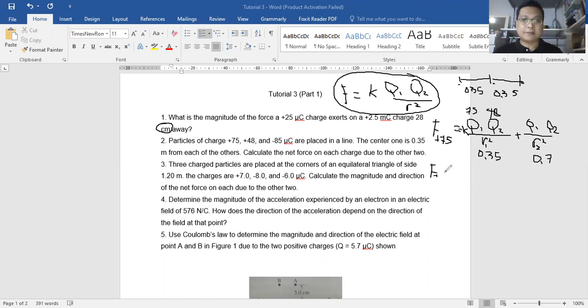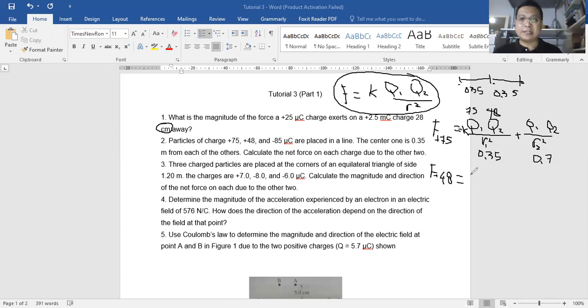In the 48 case, Q1 is 75, Q2 is 48, and then for the second condition Q1 is 48 and the second is 85.